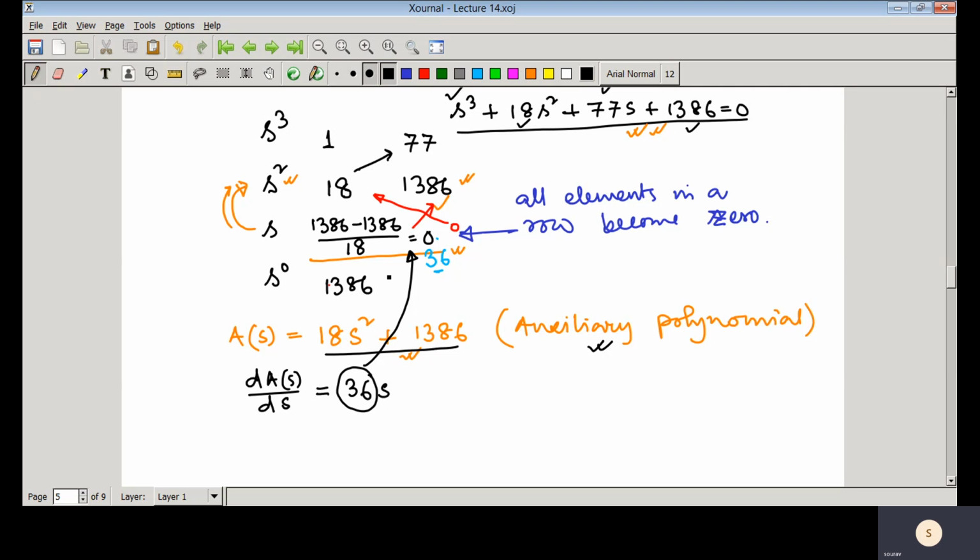And then you can see here one interesting thing, that this auxiliary polynomial is a factor of the original polynomial. So that means the roots of this auxiliary polynomial are also the roots of this original polynomial.